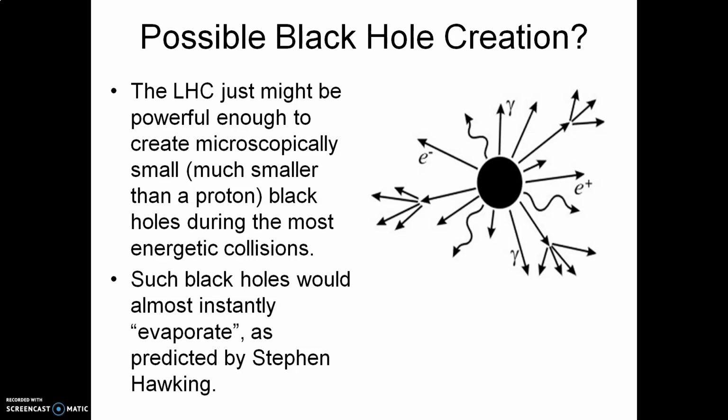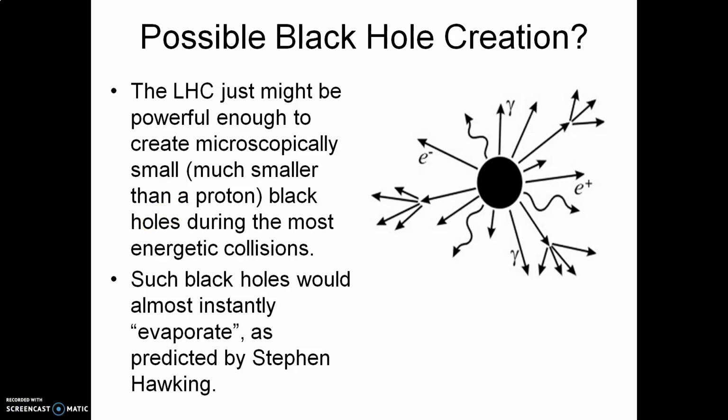This then leads to a decrease in mass, and eventually those black holes would no longer exist. That radiation, by the way, is called Hawking radiation. Hawking radiation has never been observed in nature. However, if we do observe Hawking radiation inside of the LHC, this means that we have, in fact, created black holes within the LHC, and we can therefore study their properties.